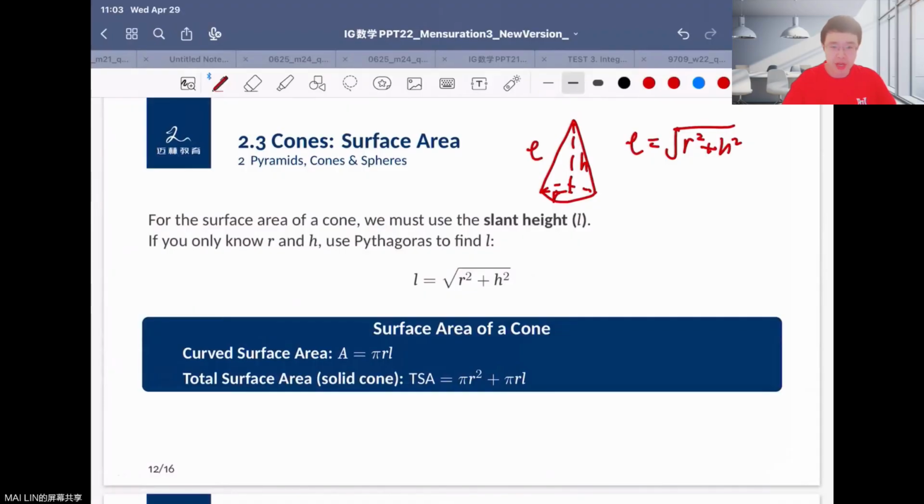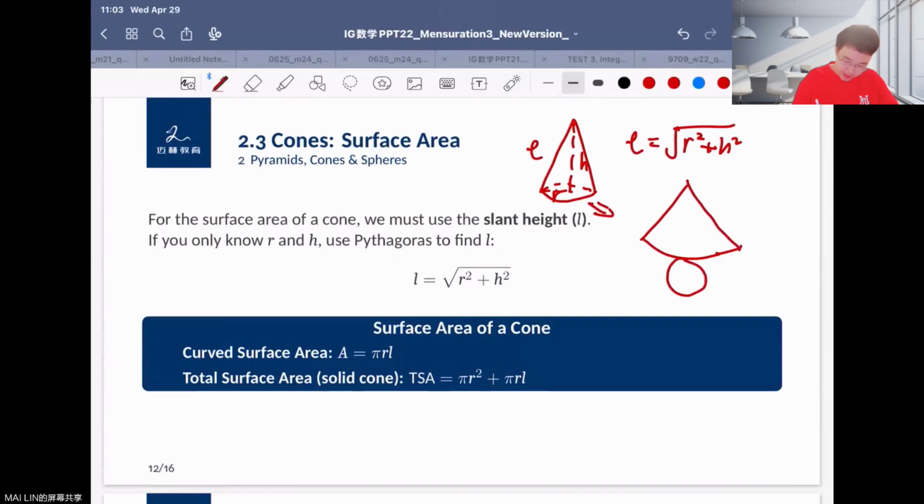The curved surface area: when you expand this, it becomes first a sector, and then a circle. In the sector, the arc length is 2 pi r, and the radius is the length L. You can consider it as a triangle.